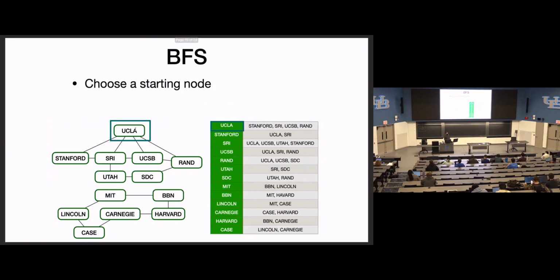Depth first search would instead visit one of the children, then visit a child of that child, or a neighbor of that neighbor, a neighbor of that neighbor, and then go back and explore anything that was missed. In this case, you might get a path like that. Or say you went this way and explored SRI first, you might go to Utah, SDC, RAND, UCSB, and then go back and visit Stanford at the end.